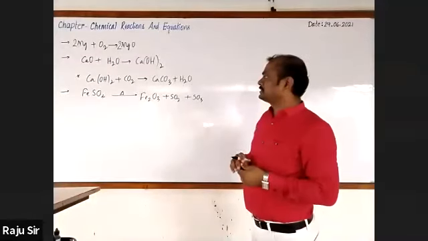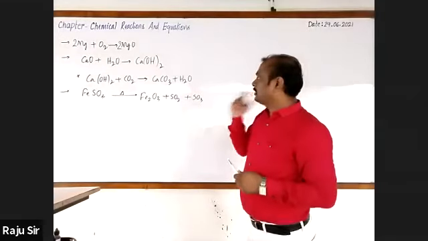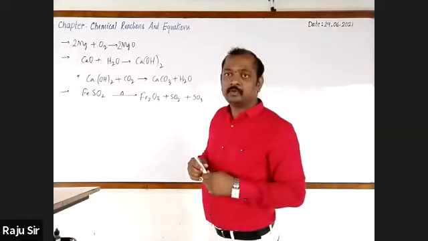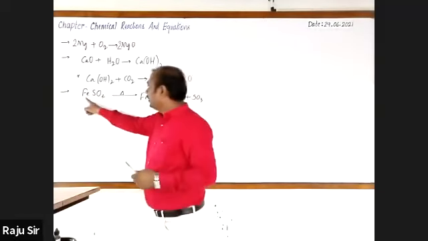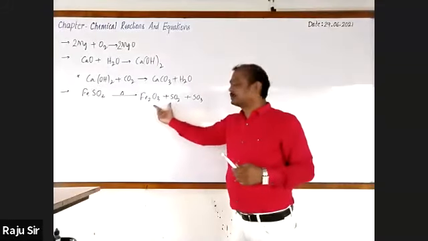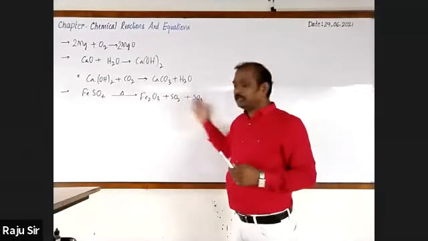And we balance this also. So for balancing, which element was chosen? Iron was chosen. Oxygen cannot be considered, as oxygen has been distributed to three compounds.